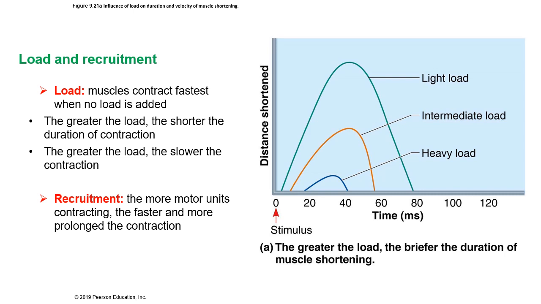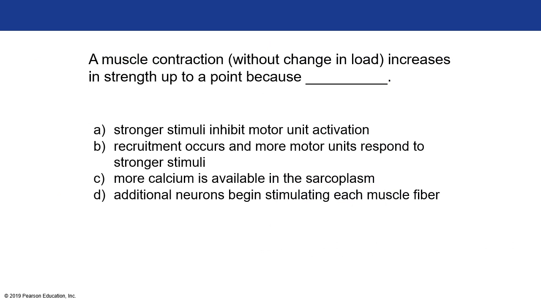Okay. Oh, and here's another question. A muscle contraction without change in load increases in strength up to a point because what happens here? So constant load and a lot of muscle contraction.